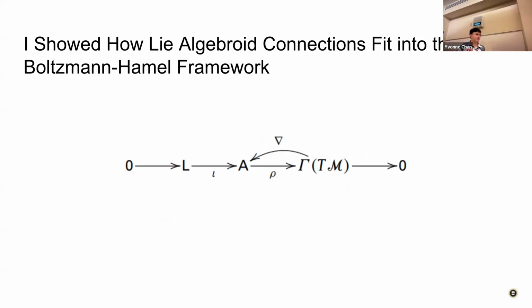When you have those two sections, you can choose your connection so that one side of this space is the side allowed by my constraints, and the other side is not allowed by my constraints. That's roughly what a connection does. And I was able to relate this concept of the connection to Lagrangian mechanics, which is everything that relies on those Euler-Lagrange equations, through the Boltzmann-Hamel framework. This gives us a more general idea of how we can approach constrained mechanics.